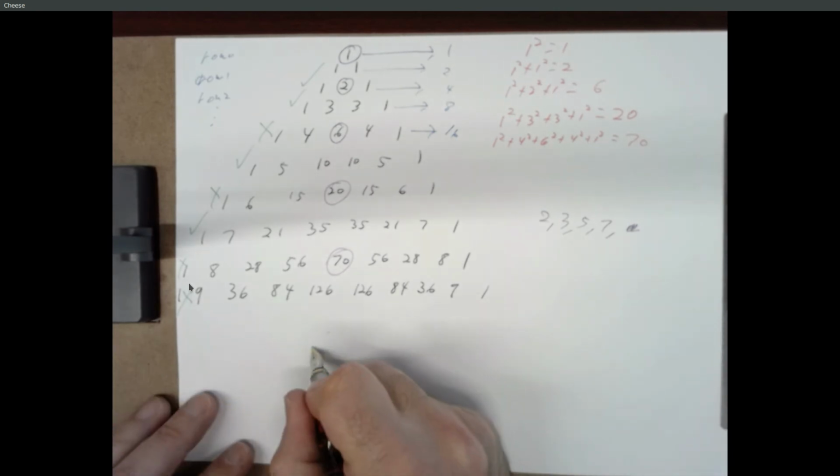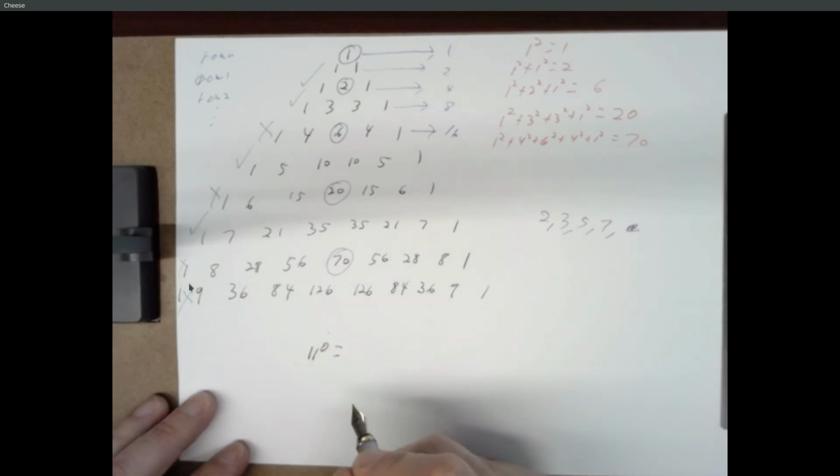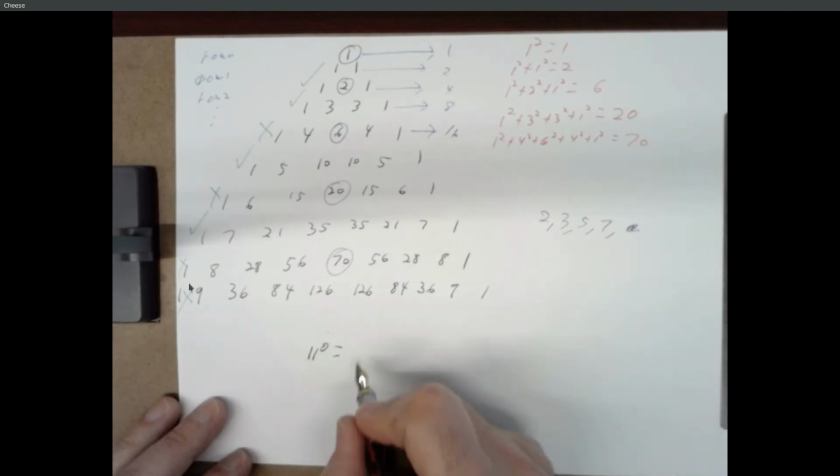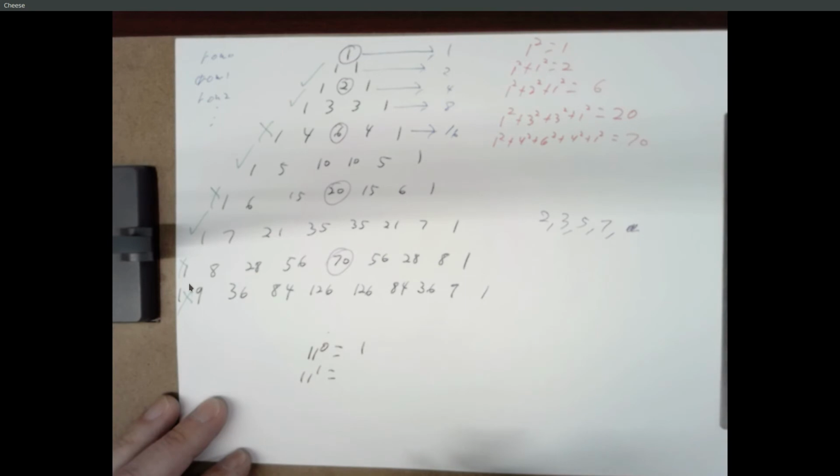All right, one more weird property. 11 to the 0 is equal to what? 1. 11 to the first is 11. 11 squared is 121. 11 cubed. 1, 3, 3, 1.